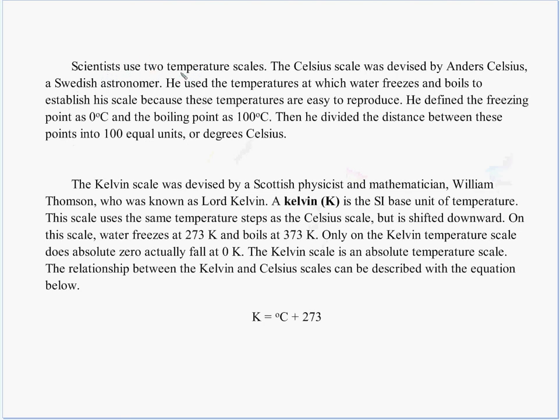Scientists use two temperature scales. Okay, the Celsius scale was devised by Anders Celsius, so I guess one of these is Celsius, seeing as they're talking about it. He used the temperatures at which water freezes and boils to establish his scale, because these temperatures are easy to reproduce. So, easy to find, basically, to do again.